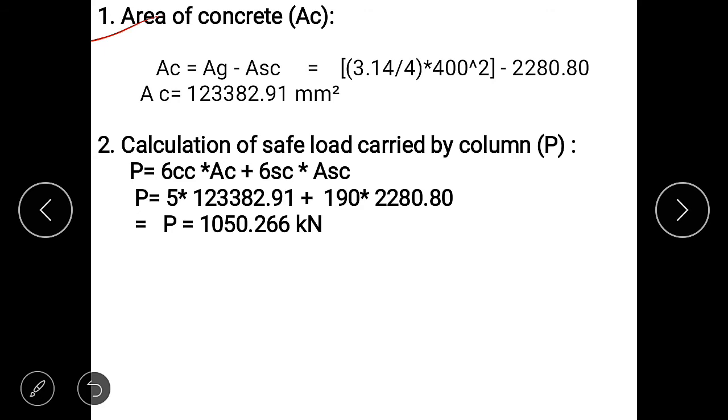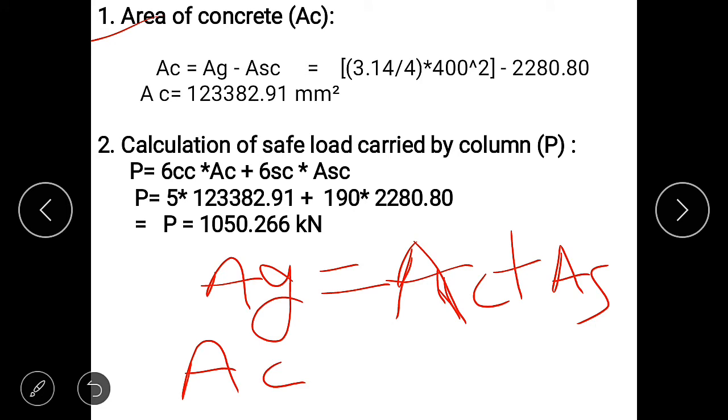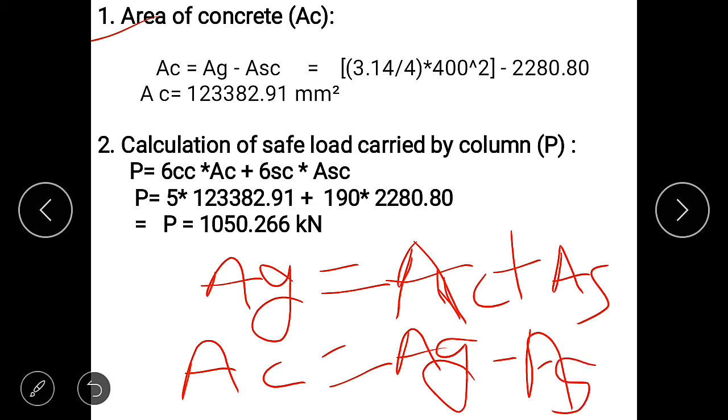We all know AG, the total cross sectional area, equals AC, area of concrete, plus area of steel. We have to find AC. So AC equals AG minus ASC.